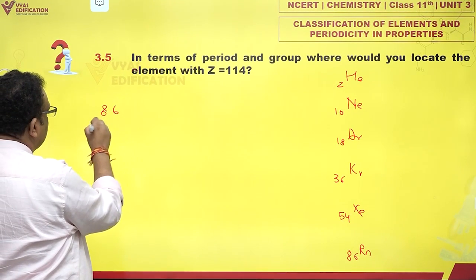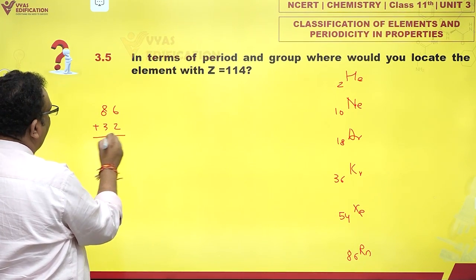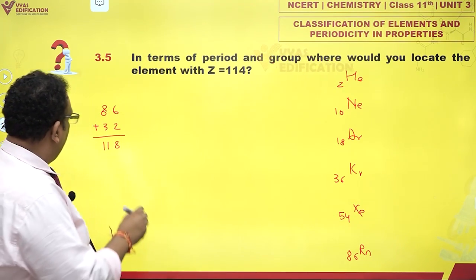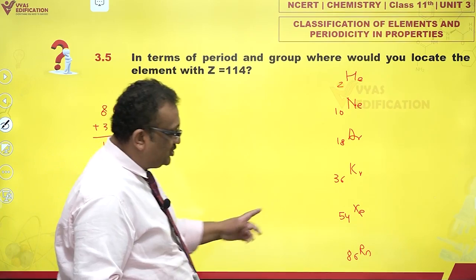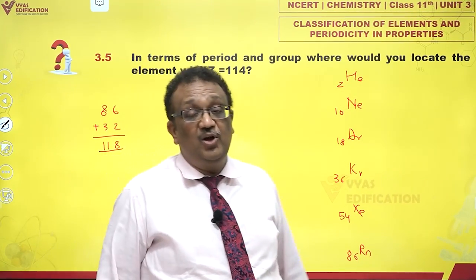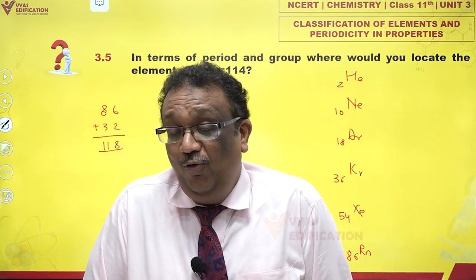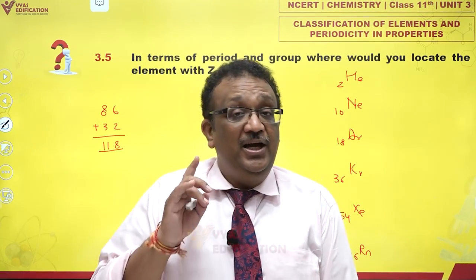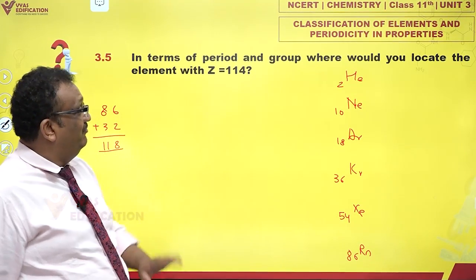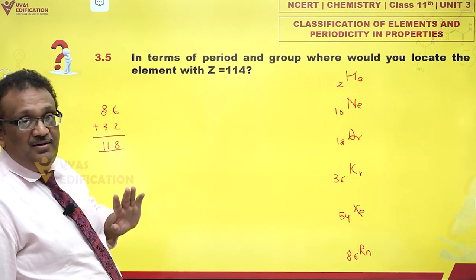So 86 plus 32 would make 118. So 118 would be the next noble gas. The given atomic number is only 114, which is less than 118. It means that it is not beyond the 7th period, this is very well within the 7th period.